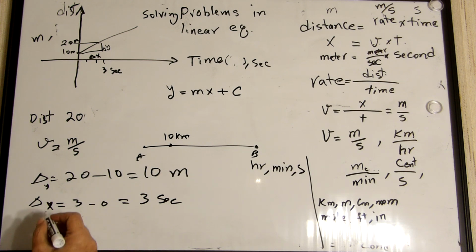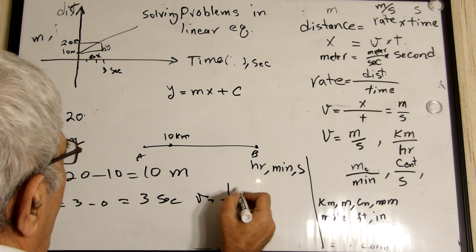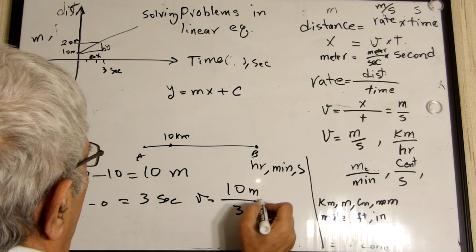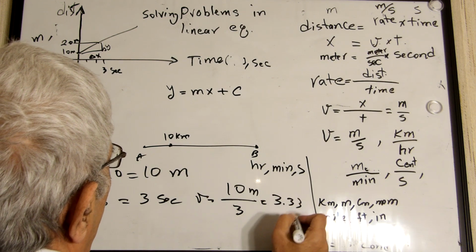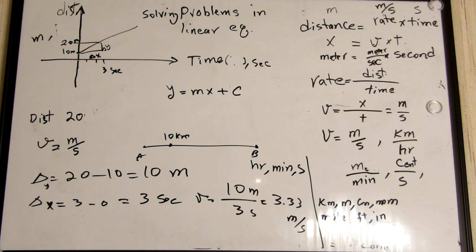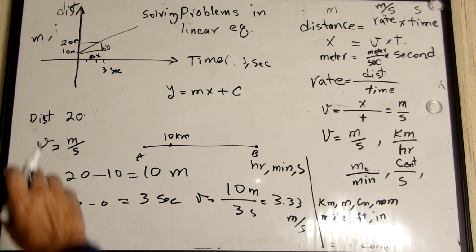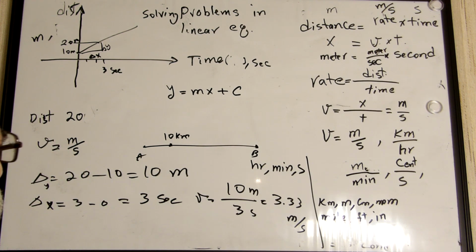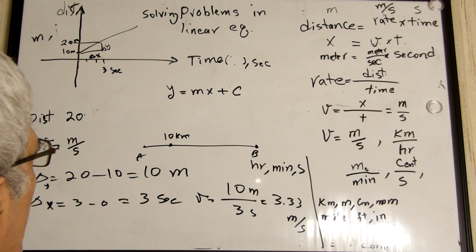So the velocity is going to be 10 meters per 3 seconds, which is 3.33 meters per second. So the slope actually tells us how this is going to change, the rate of change.